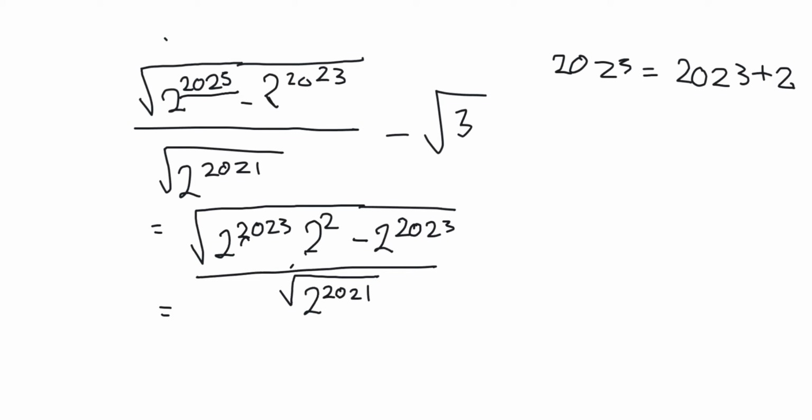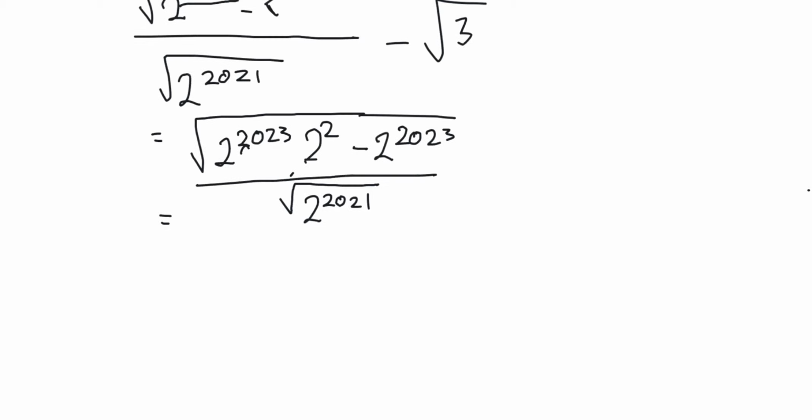So now let's continue. Can you see that 2 to the power of 2023 and 2 to the power of 2023 are a common factor in both of these? So what you can do here is say this is going to be 2 to the power of 2023 into bracket 2 to the power of 2, subtract 1, because that is your common factor.